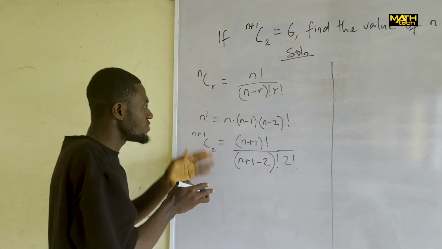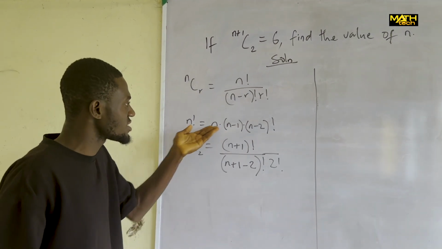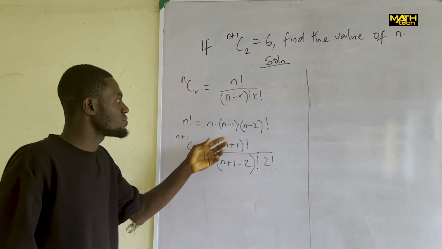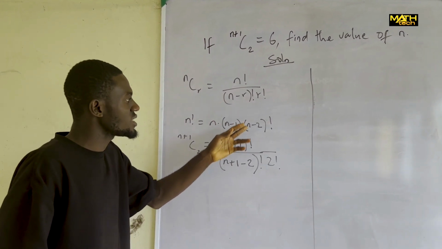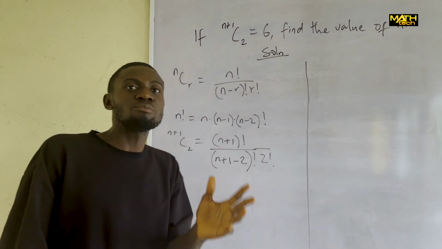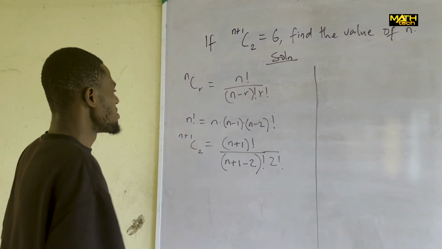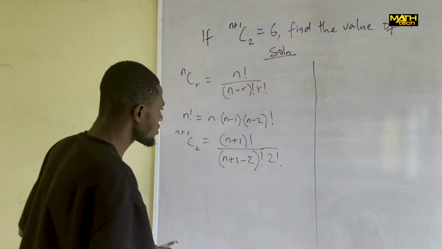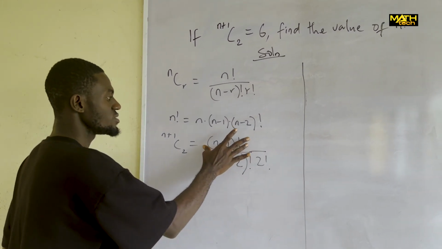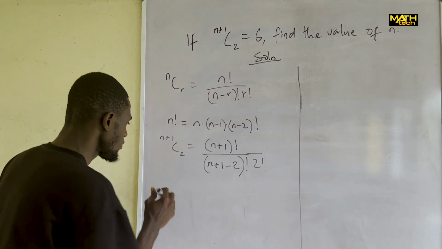Now let's dive into the concept of factorial. Don't forget I just explained what n factorial means: n times bracket n minus 1 times n minus 2 times n minus 3 and so on down. So back to the calculation. Let's get the n plus 1 factorial. What is n plus 1 factorial?